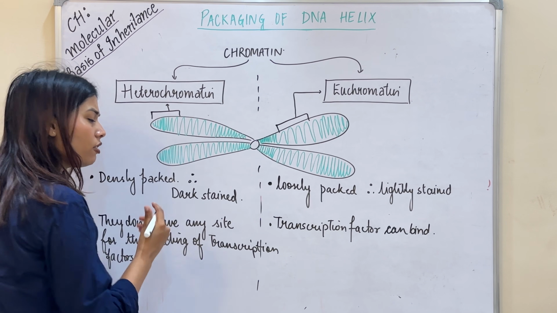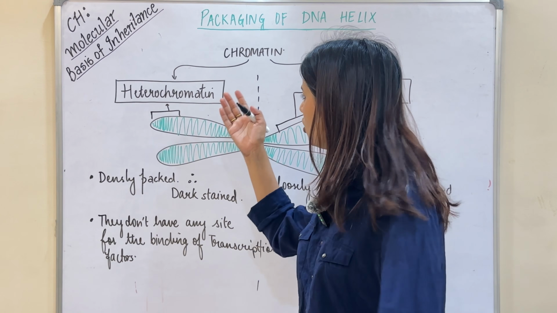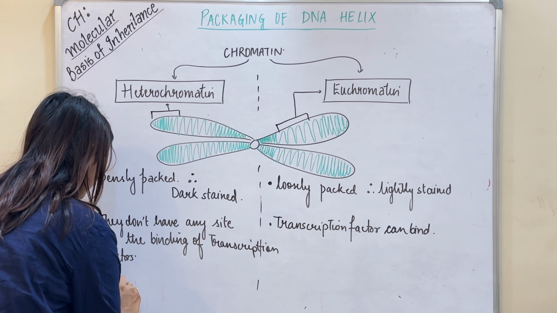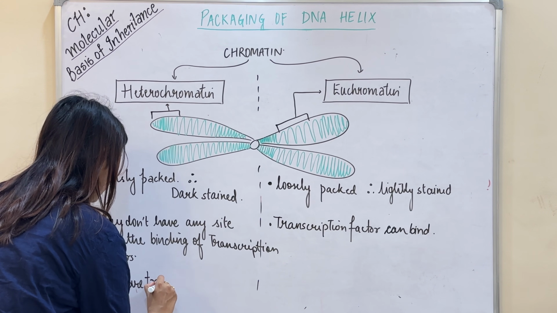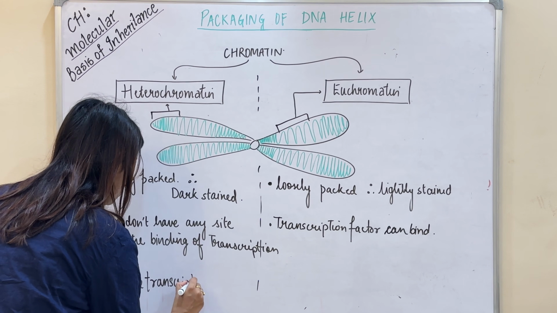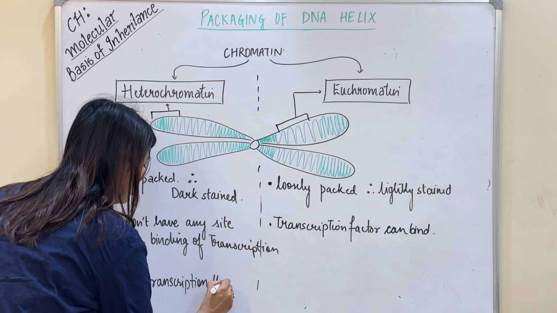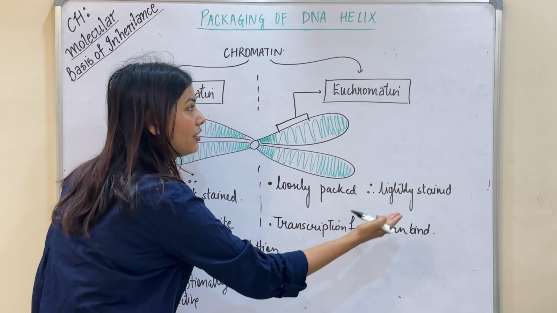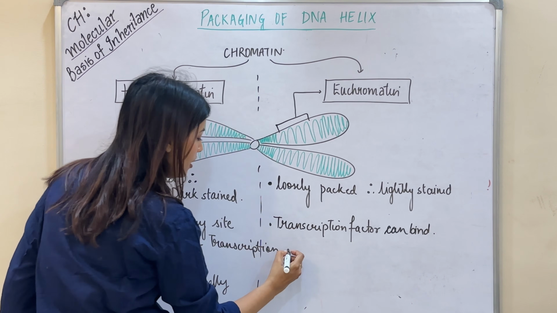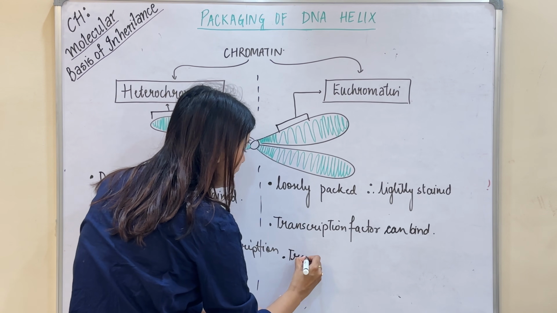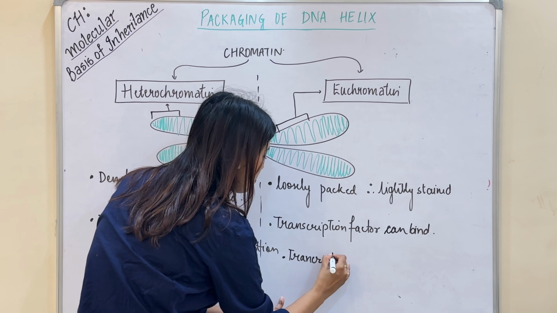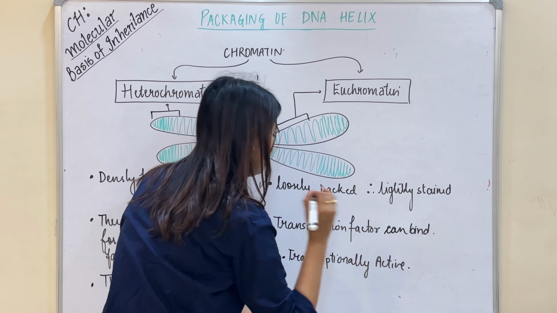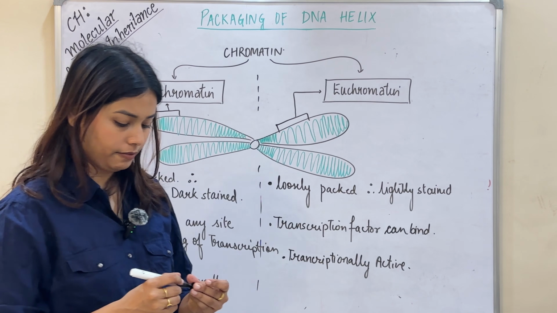If the transcription factors are not able to bind, they cannot perform transcription. So I can write that they are transcriptionally inactive, whereas the transcription factors can bind with the euchromatin sites. So they are transcriptionally active. So this is the difference between the chromatin types.